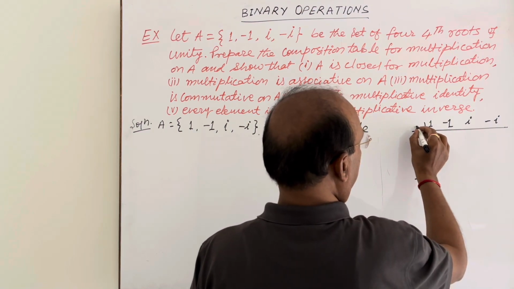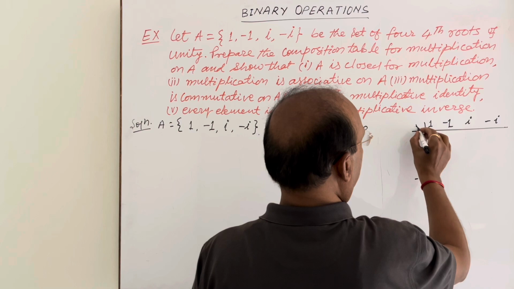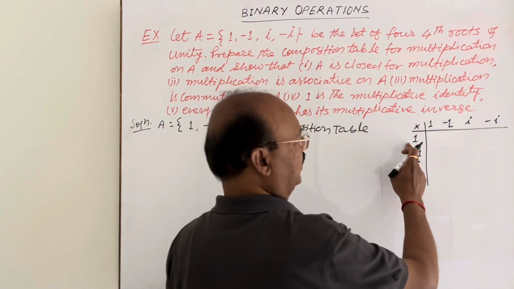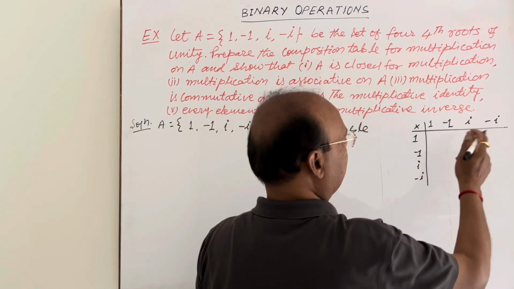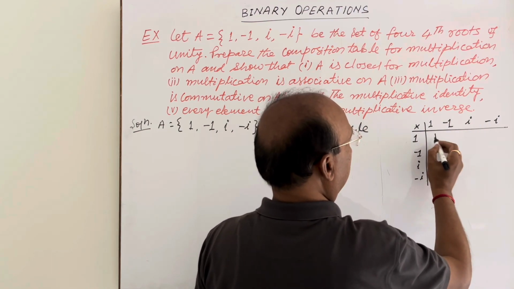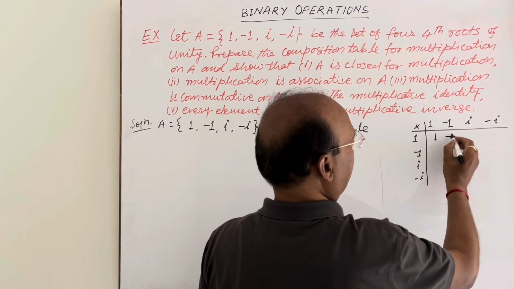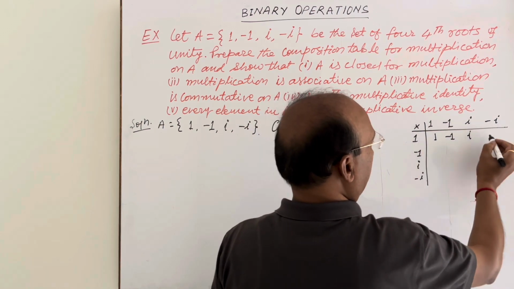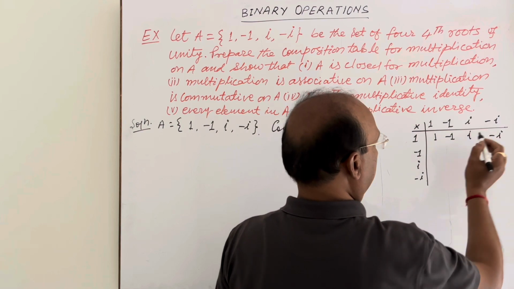Here we will write multiplication as the operation. So 1 into all these elements will remain the same. So 1 into 1 is 1, 1 into minus 1 is minus 1, 1 into i is i, and 1 into minus i is minus i.